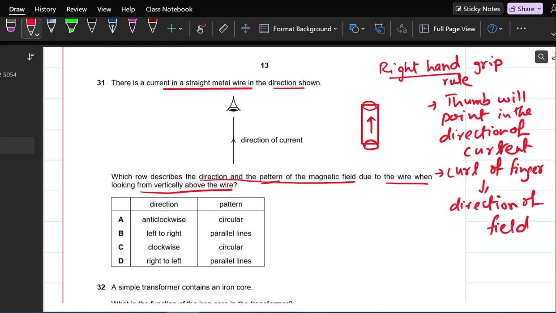So it is going to be circular, and direction is anti-clockwise. So this is going to be the path here. So A is the right option. Direction is anti-clockwise, pattern is circular. Other options are not right.